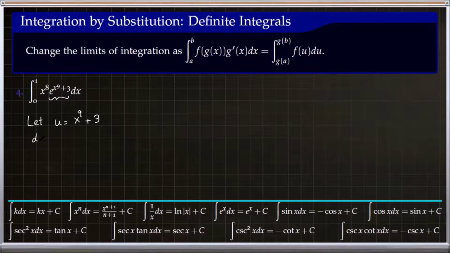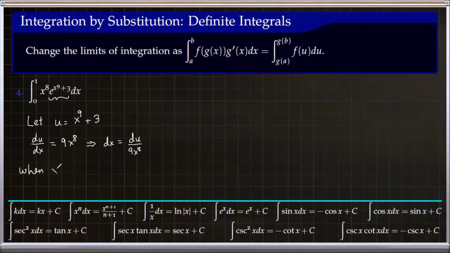So for that, we need to find the derivative of u with respect to x, du by dx, and that will be 9x to 8. This implies dx equals du over 9x to 8. We also need to change the limits.